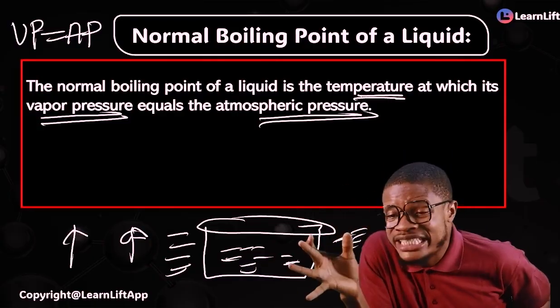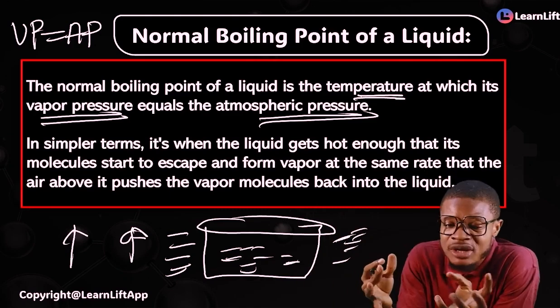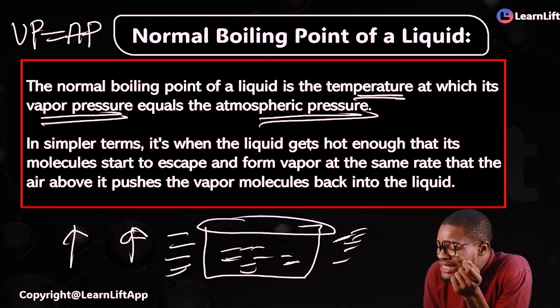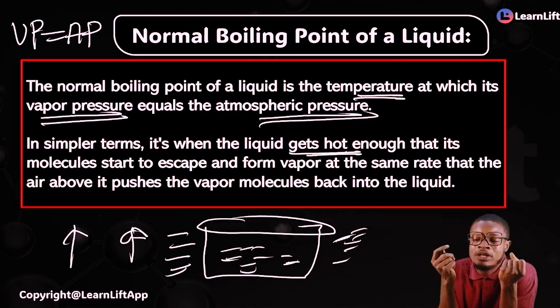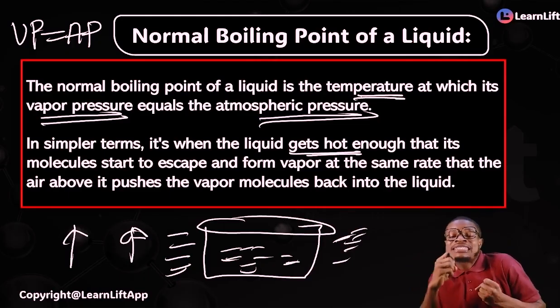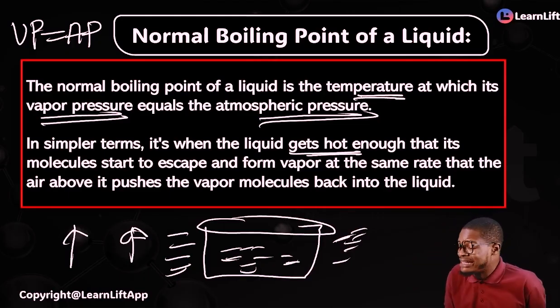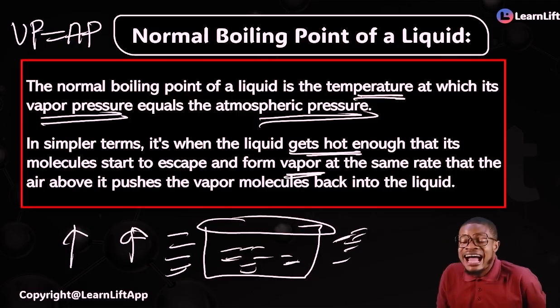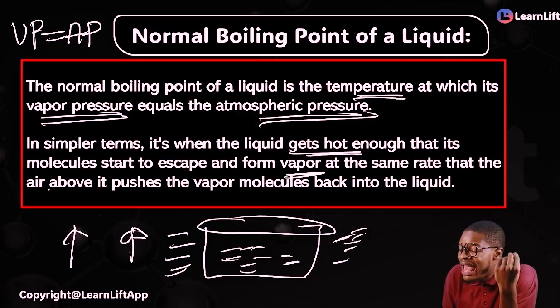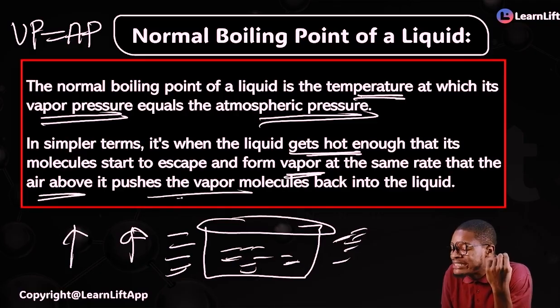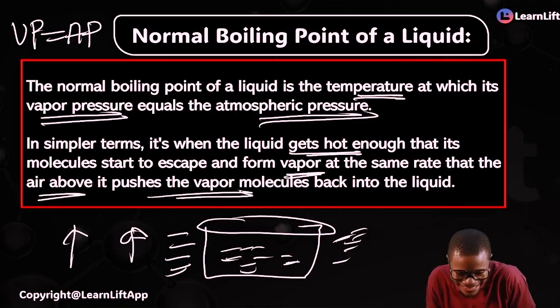And I'd like you to note this very quickly: in simple terms, when the liquid gets hot enough, the molecules start to escape, right? And then they form vapor. At the same time, the air above it pushes the vapor molecules back into the liquid.